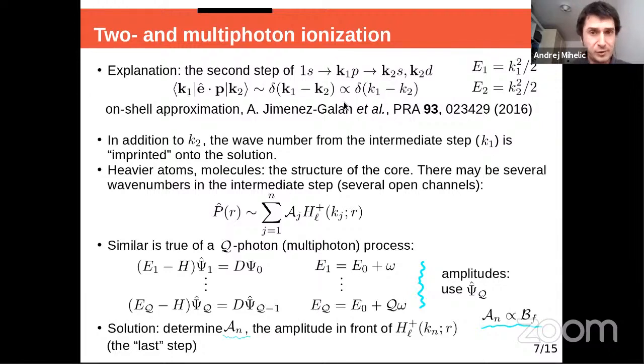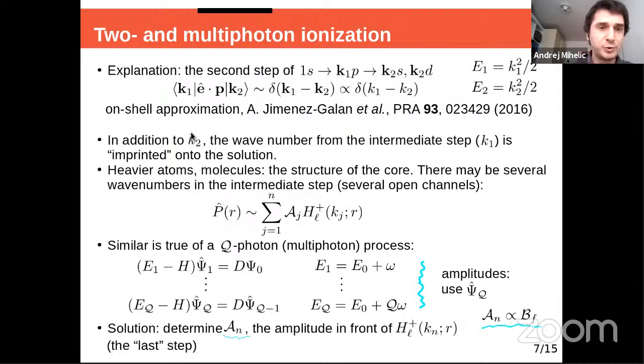A similar relation also holds for Coulomb waves. It is not exact, it is approximate, but it holds pretty well. This is sometimes referred to as the on-shell approximation. It has been used under different names. And this is actually a pretty good explanation of what happens.